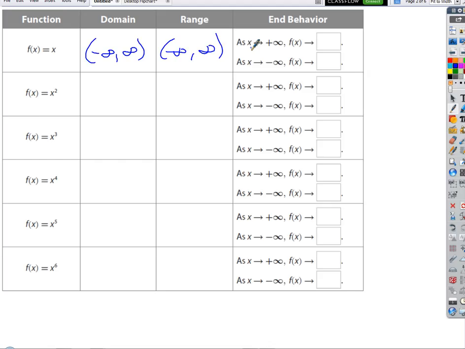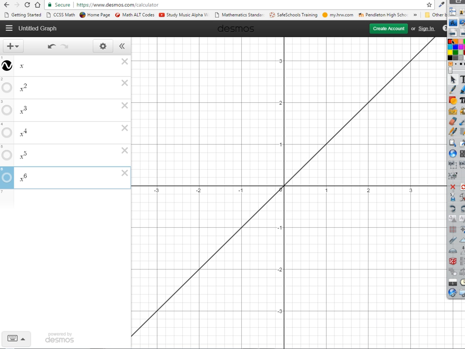The x-axis goes horizontally in the positive direction and the negative direction. Negative is to the left, positive is to the right. So if we look at our graph, as the ant walks to the right forever, what's his y value doing? It's approaching infinity. As he goes to the right, he's going up, right?